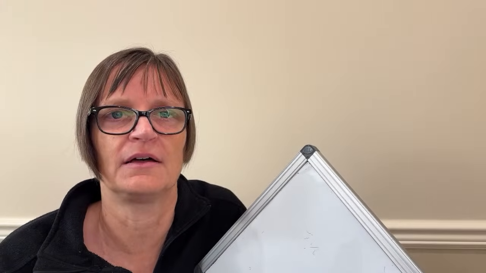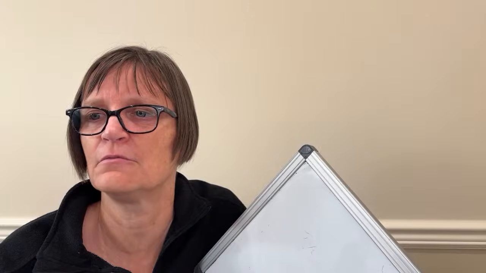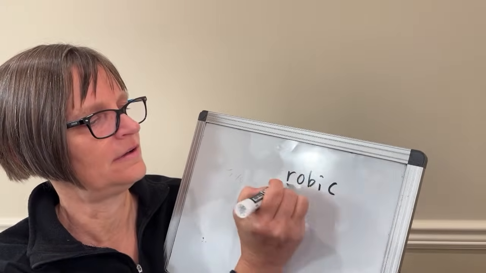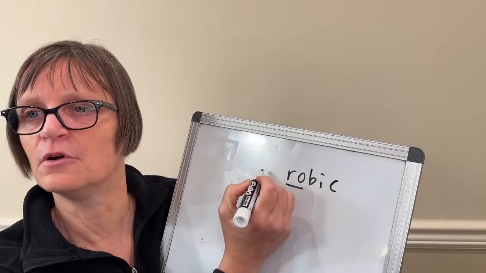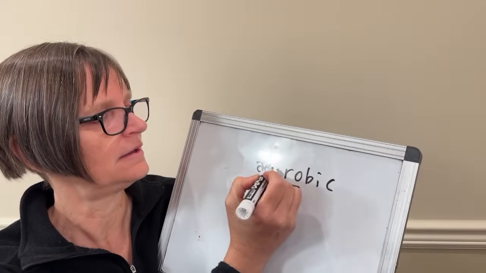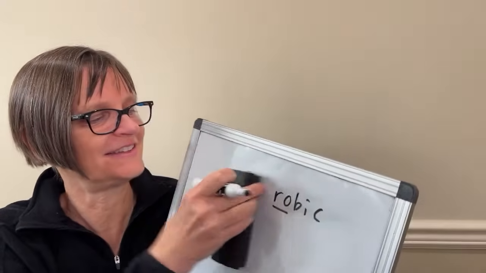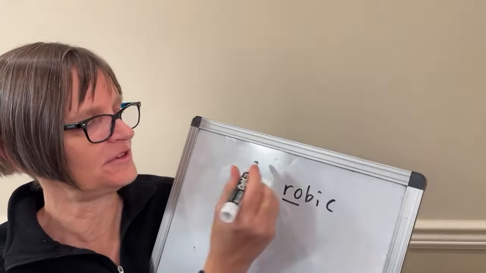aerobic and anaerobic, but whether the pronunciation is different. So in aerobic, anaerobic, they're both stressed on the row of aerobic. So aerobic, it's not it's A and E. I'm used to writing that way.